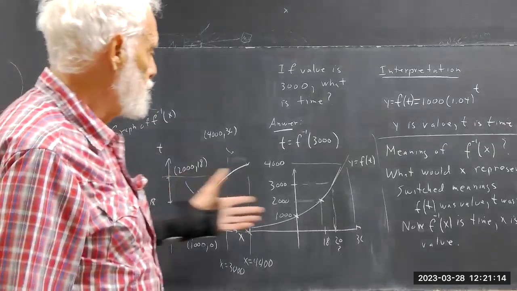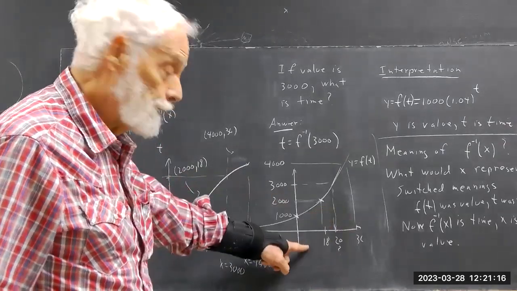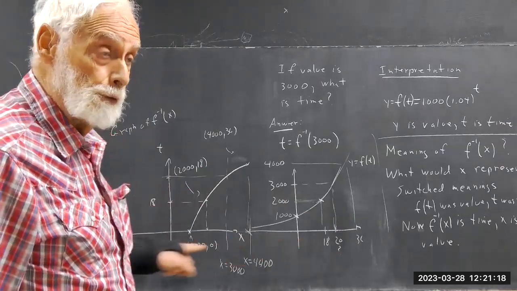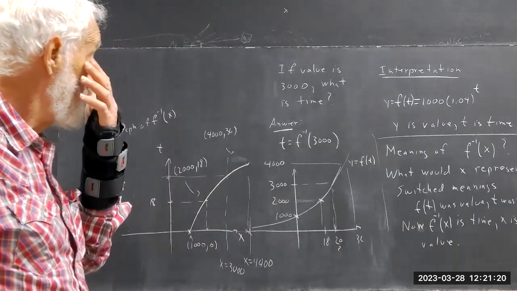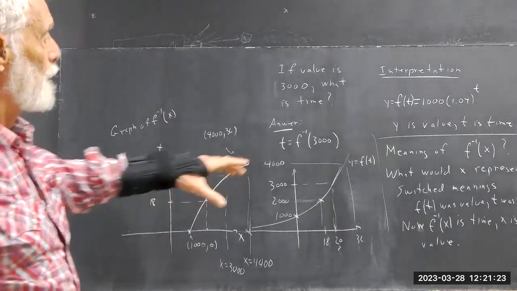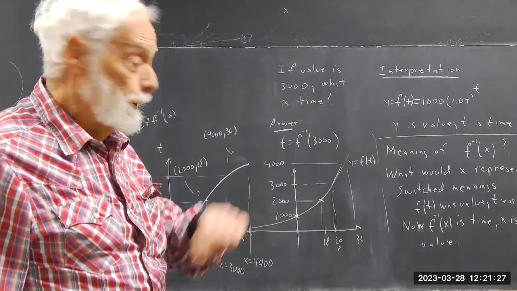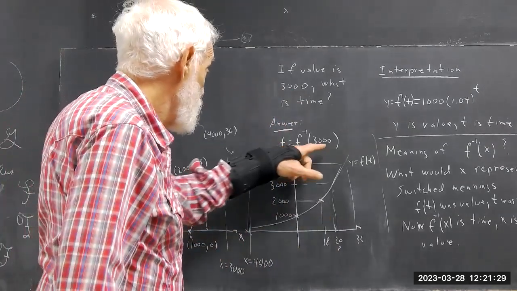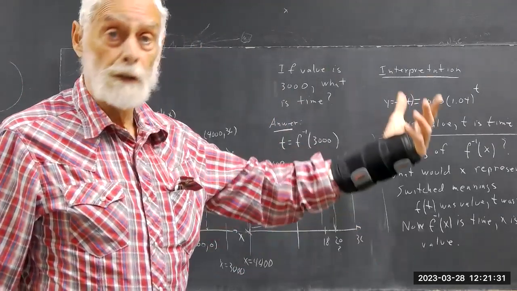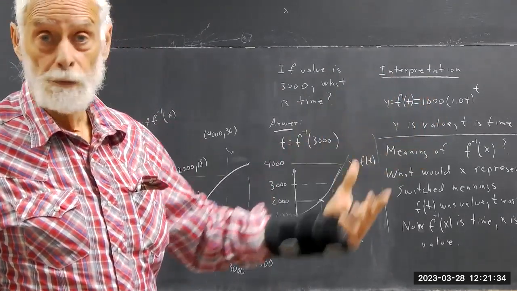Now, we wouldn't go to this trouble if we just want an estimate. We can use estimates on this graph as well as on this graph. But ultimately, we want a formula for this function. The formula says you plug in the value you want, and it gives you the time. That's going to be very convenient.